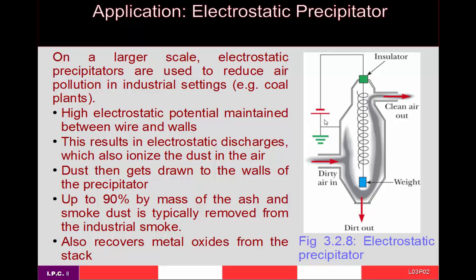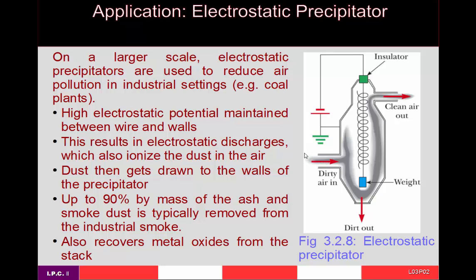This represents a battery. One side is connected to ground, which is also connected to basically the side wall of your smokestack. The other side is connected to a little wire which winds down. It's going to pick up some negative charge.